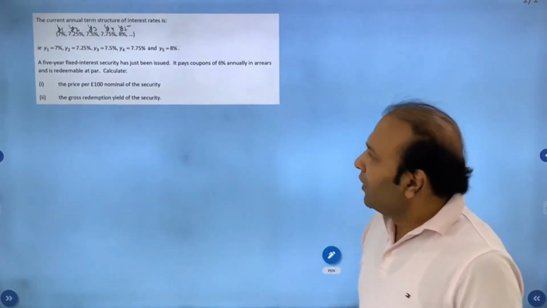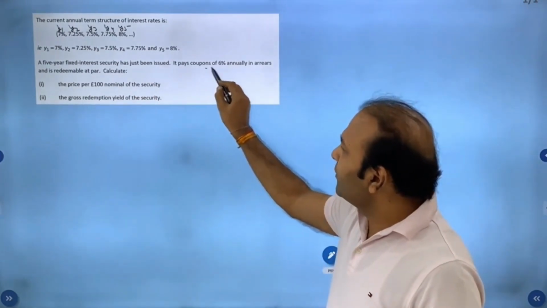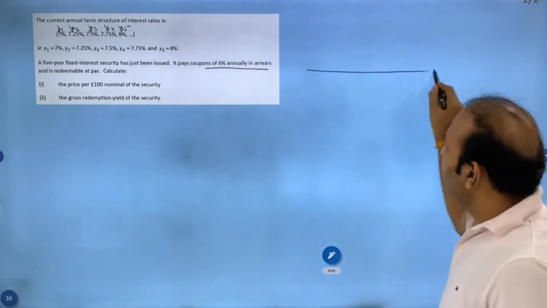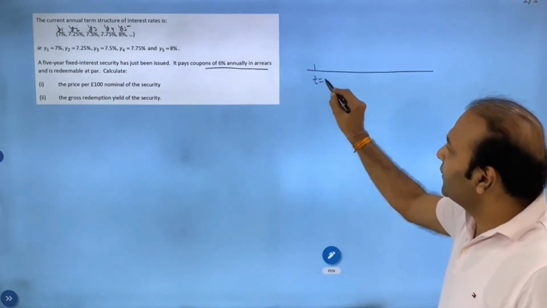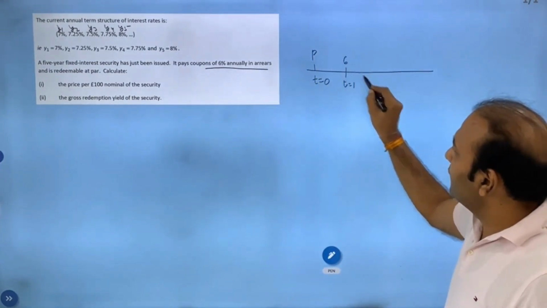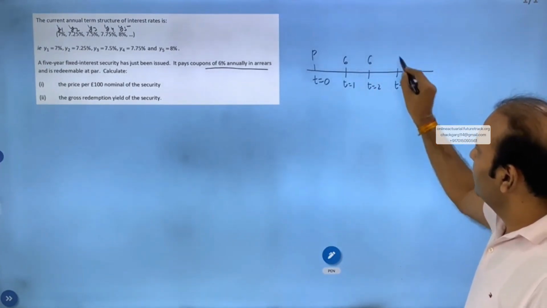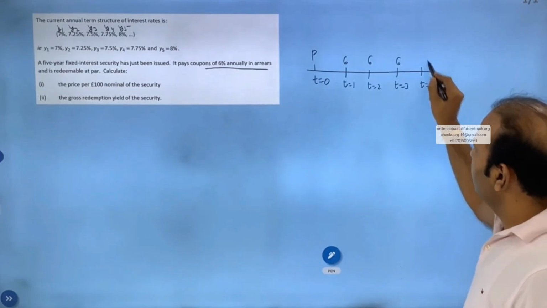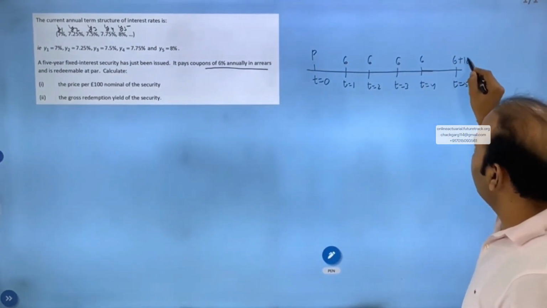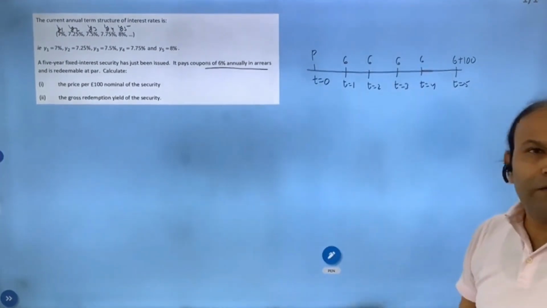Fine. A 5-year fixed interest security has just been issued. It pays a coupon of 6% per annum annually in arrear and is redeemable at par. So class, we have to find the price when the coupon payment is 6 annually for 5 years, and redemption at 100. Class, we have been given spot rates y1, y2, y3, y4, y5.